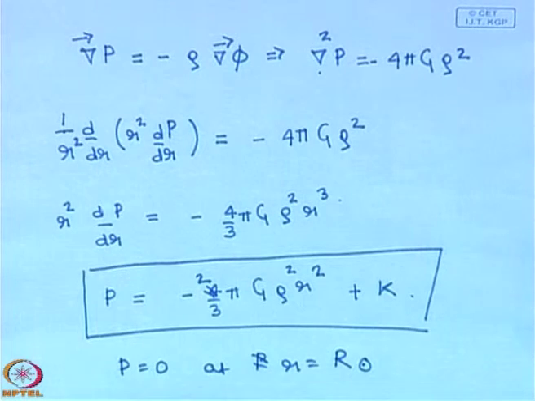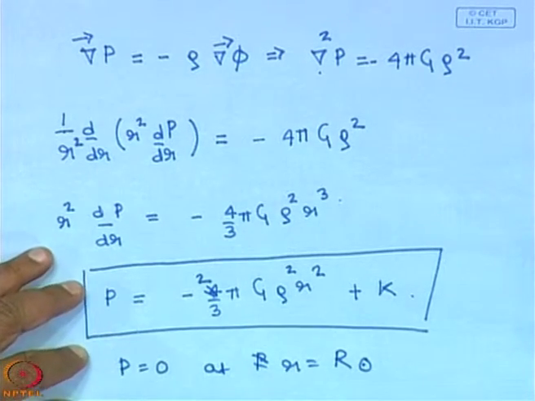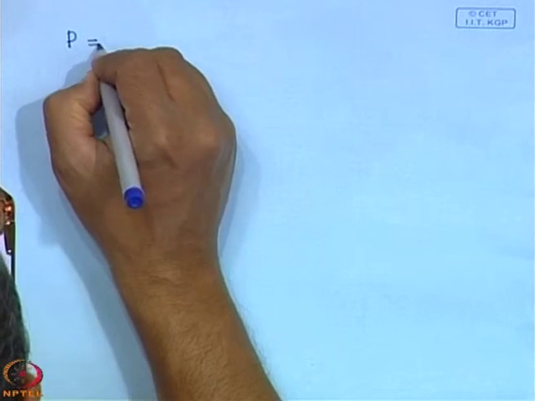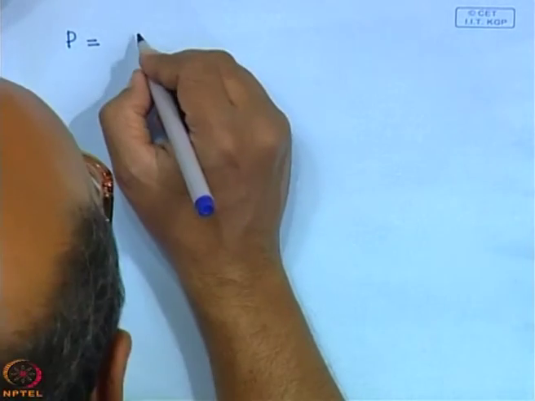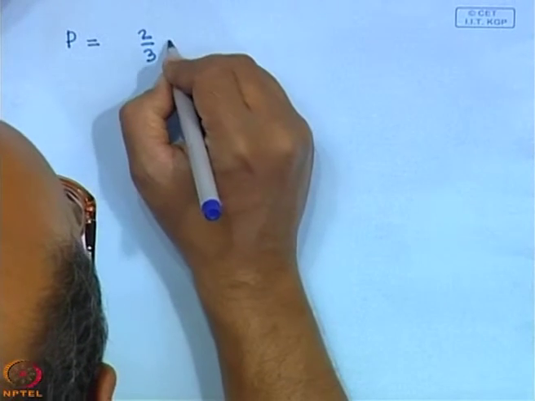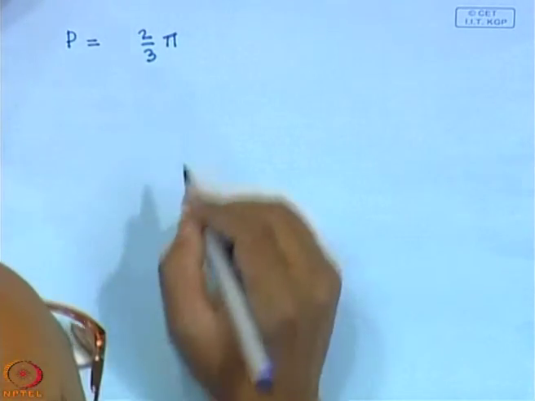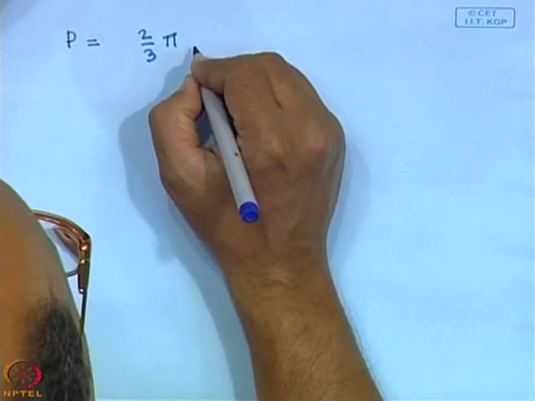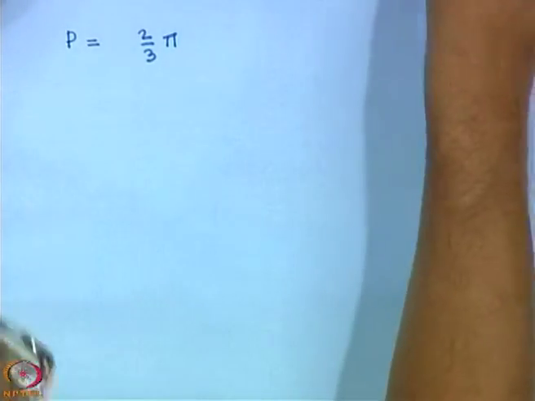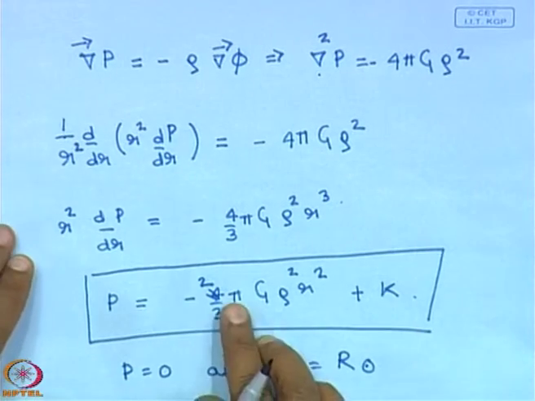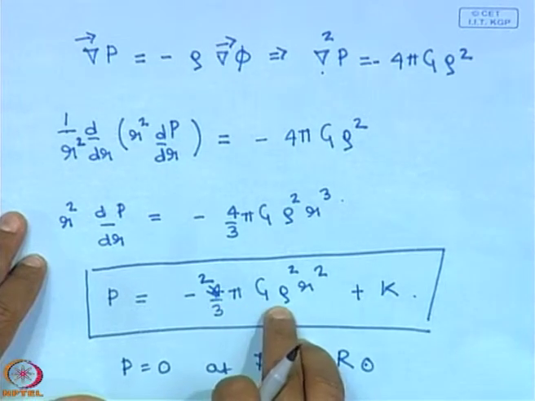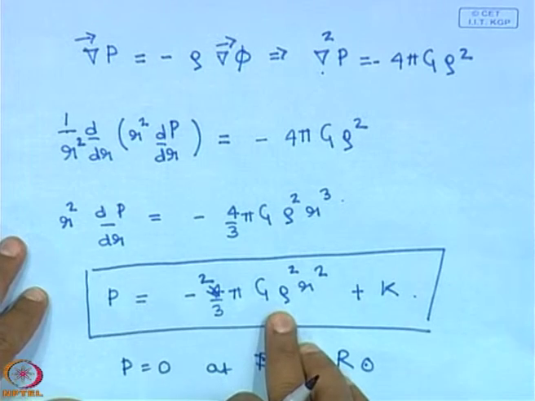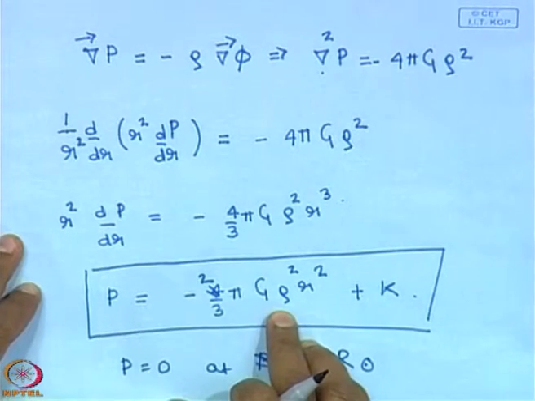So, imposing this boundary condition, what you have is that the pressure P is equal to 2 by 3 pi. Okay. Further, it is convenient to express this density in units of the total solar mass. Okay.